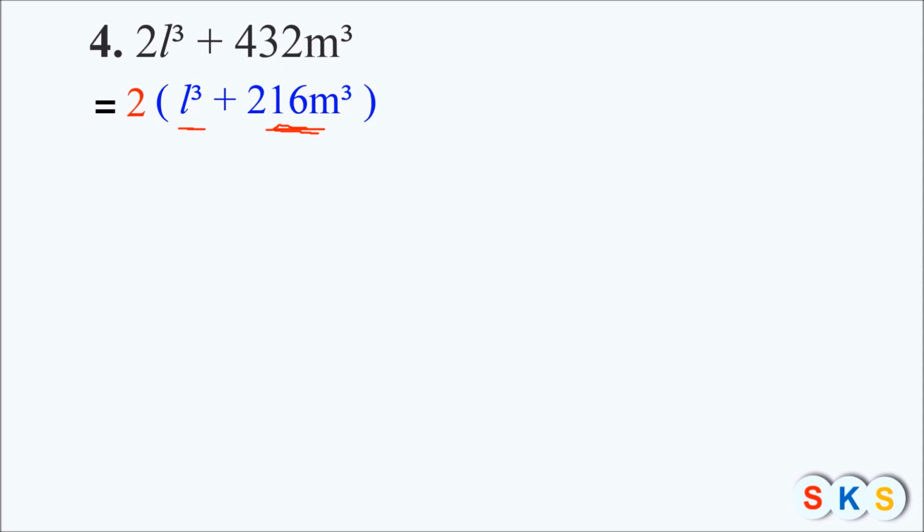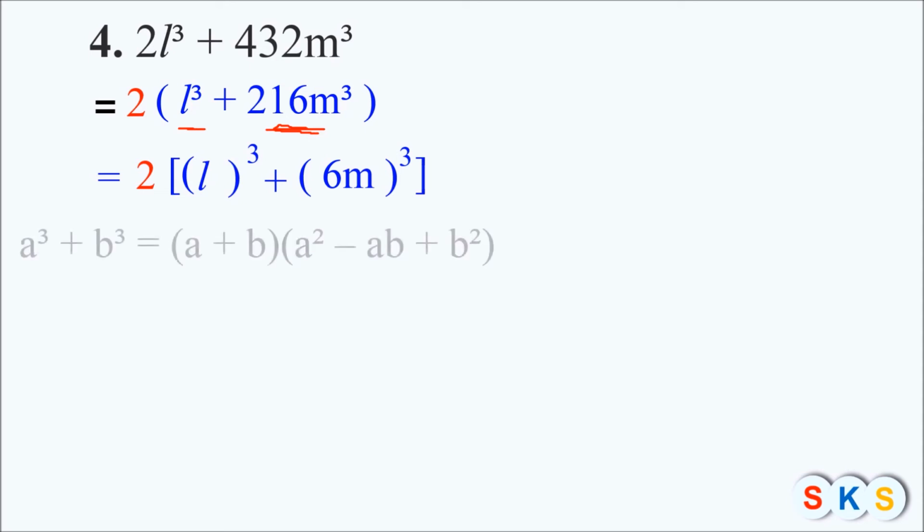So we will write 2 in a bracket, (l the whole cube plus 6m the whole cube). Close the bracket. Now what is in the bracket? l raised to 3 plus 6m the whole cube, so your bracket is in the form of a cube plus b cube. So we will use the formula of a cube plus b cube to factorize the bracket.